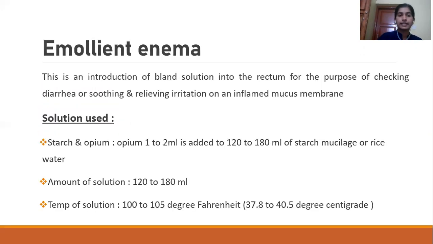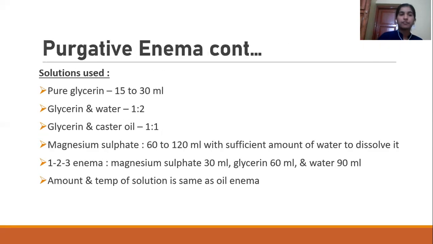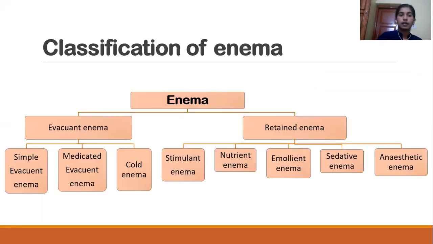So far we discussed all types of enema and subclassification. Once again I will tell. Enema is divided into evacuant and retained enema. Evacuant enema is divided into simple evacuant, medicated, and cold enema. Retained enema is divided into stimulant, nutrient, emollient, sedative, and anesthetic enema.